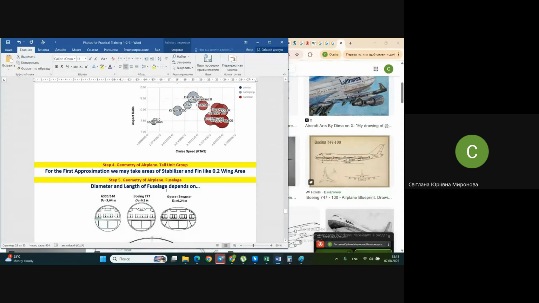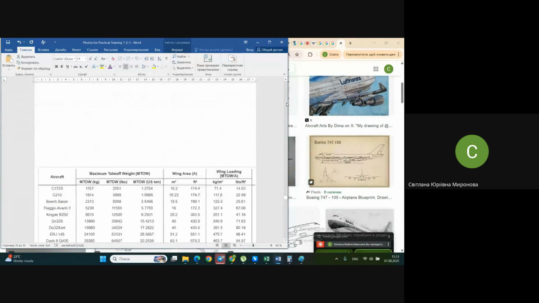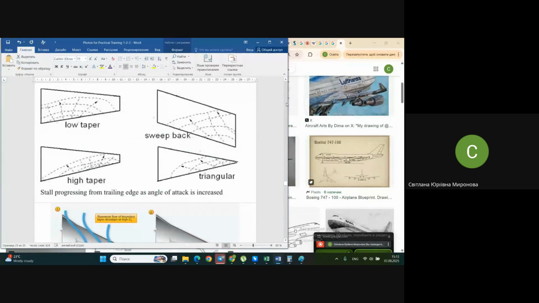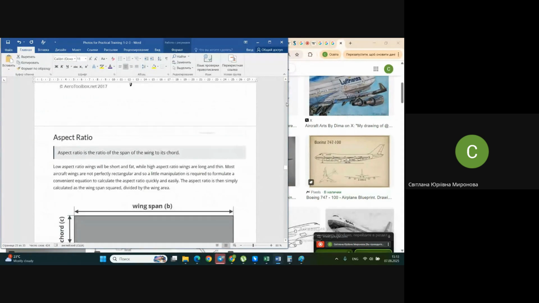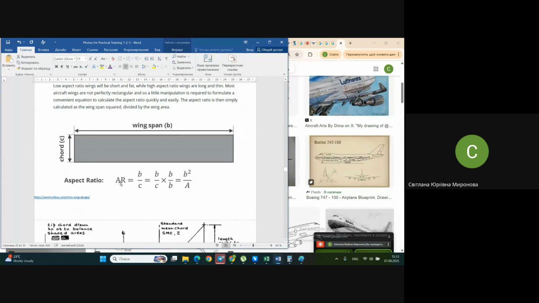It's not difficult. Take wing aspect ratio, comparing the values that you have got, area and span. The formula you have seen. Let me remind you once again. Oh, here is the beautiful formula: wing aspect ratio is equal to span squared over area of the wing.